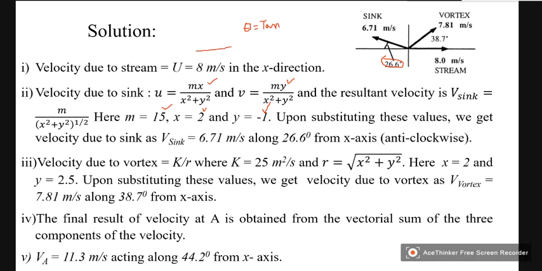When you have a velocity u like this and a velocity v like this, and if the resultant velocity is v, and if this angle is theta, this is the fundamentals of resolution. So v is equal to square root of u square plus v square.